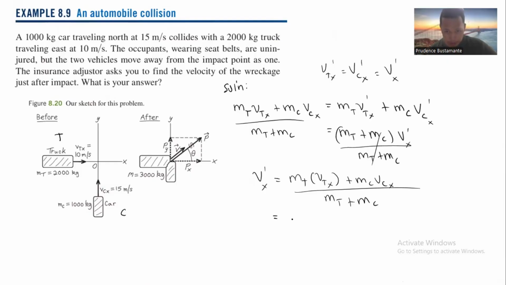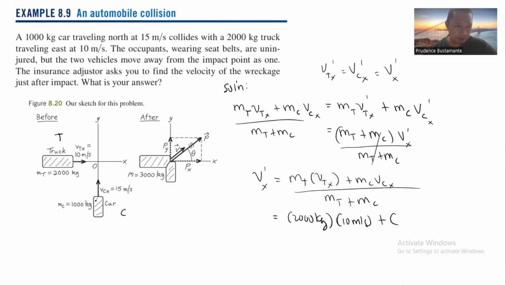Before we go there, the truck is 2,000 kilograms. The initial velocity of the truck along x is 10 meters per second, plus the car.